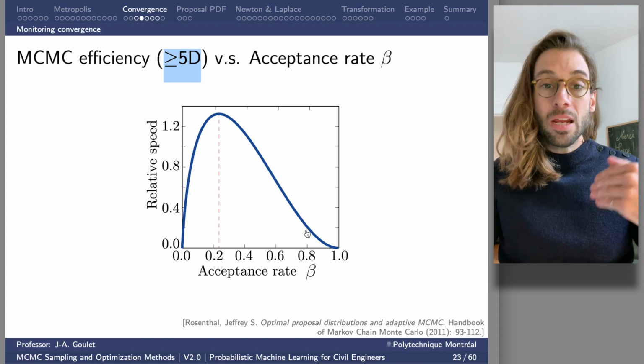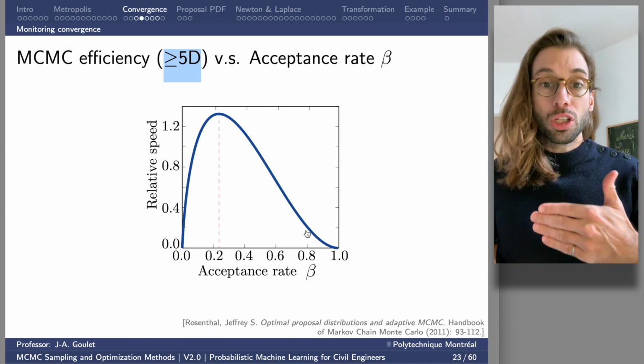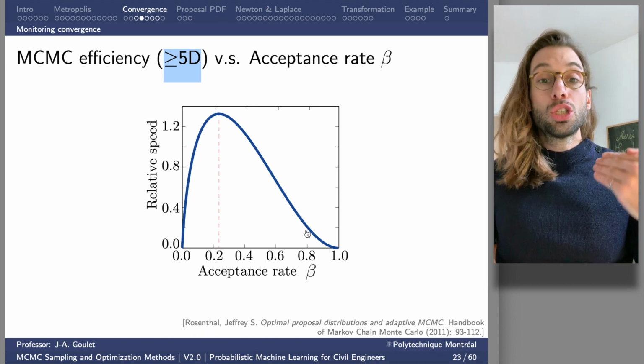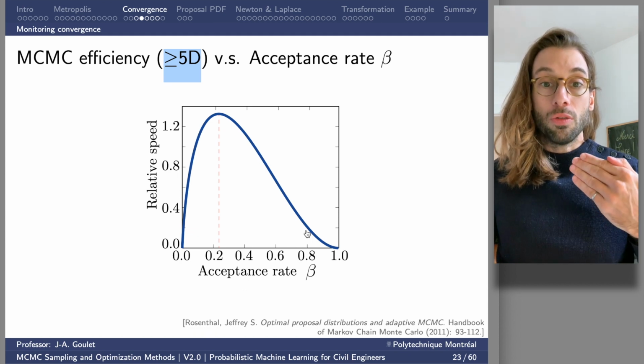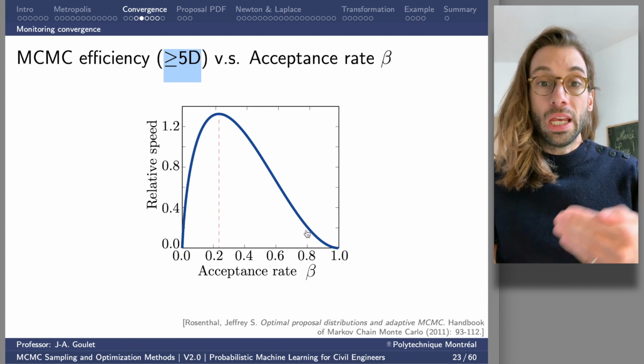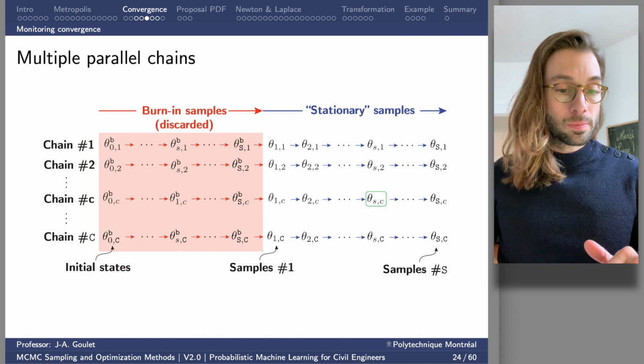So if you accept 80% of your moves, you're going to be inefficient, okay? Theoretically, your results are still going to be good, but you're going to need so many more samples to really be confident that your samples are taken from the stationary distribution that you're going to be highly inefficient, okay?